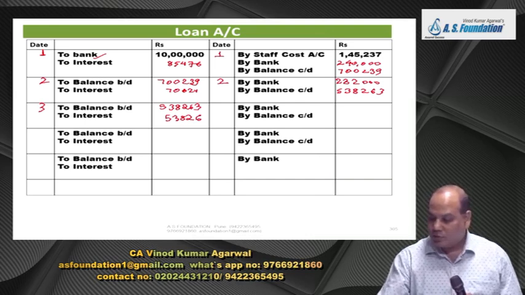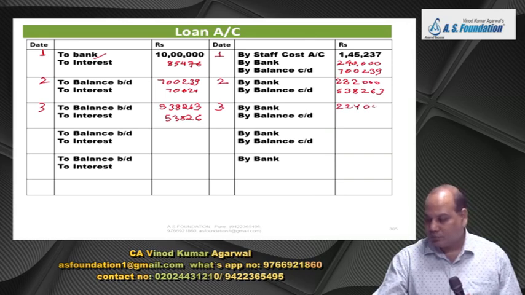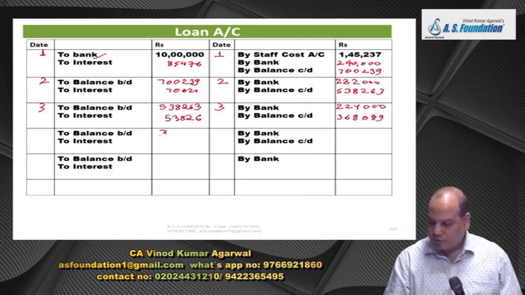And by bank was how much in the third year? By bank 2,24,000. By balance carried down 3,68,089. Everything is there in your amortization table.